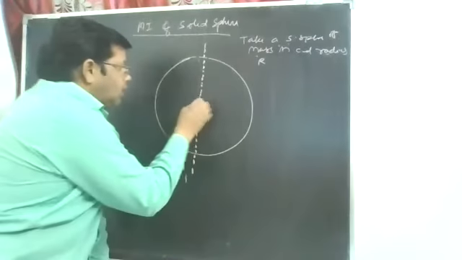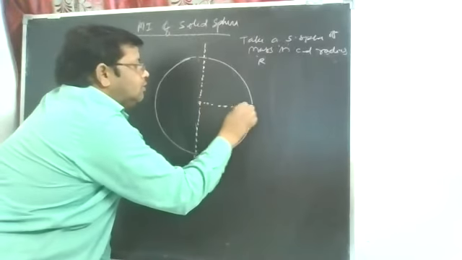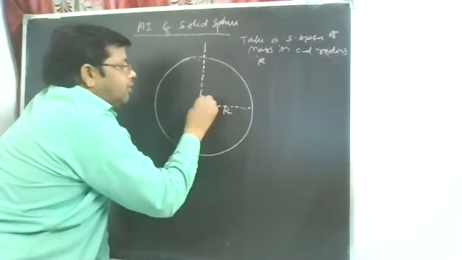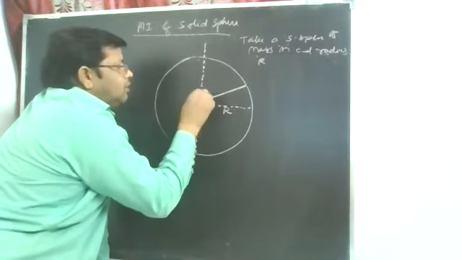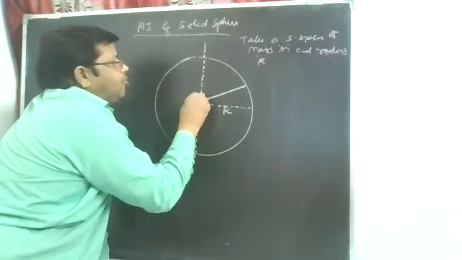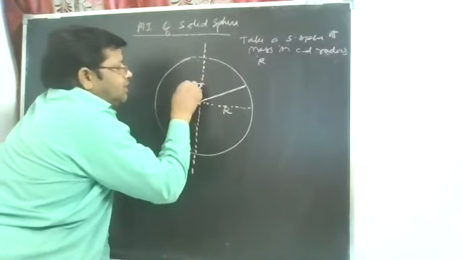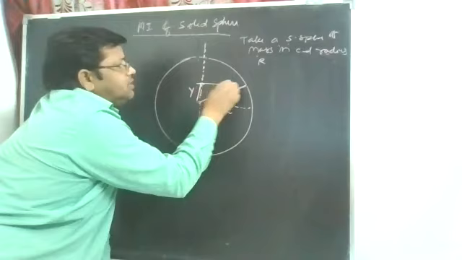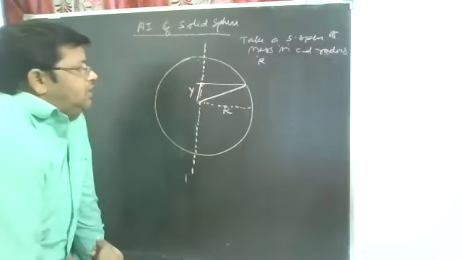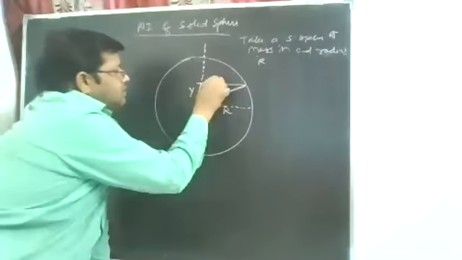Now, this is radius r. From here you move to a distance y. Now what is this distance? x.